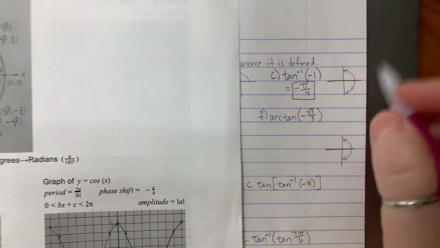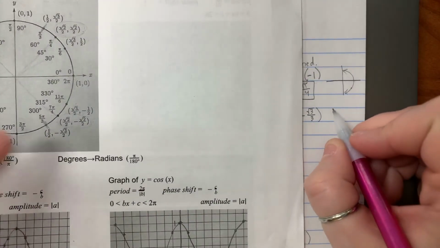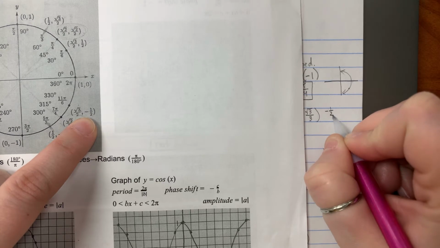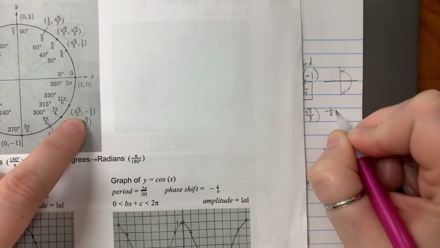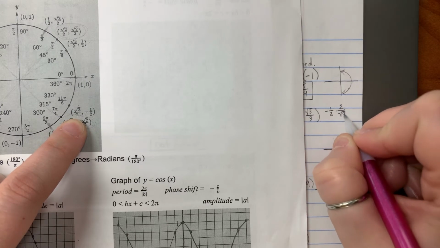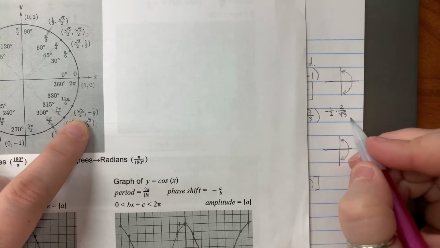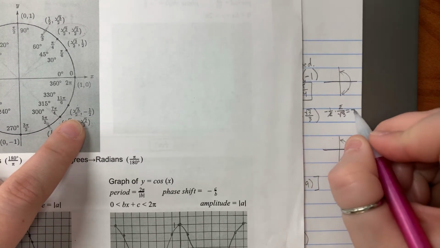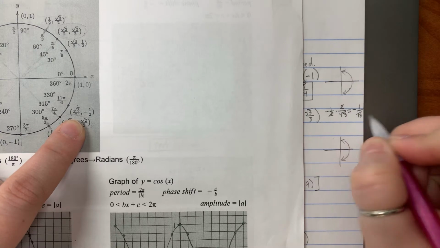So I'm just going to sketch it out here. Let's do the first one. If I take negative 1/2 and divide it by the square root of 3 over 2, that means I'm multiplying by 2 over the square root of 3. So you flip and multiply, right? That's going to cancel, and that's going to give me negative 1 over the square root of 3.